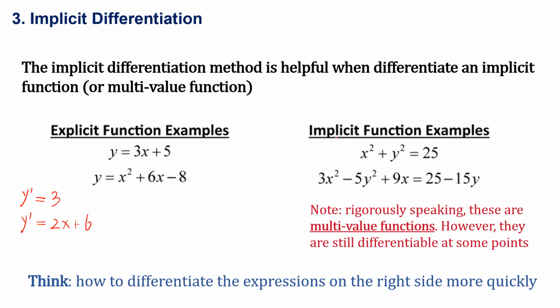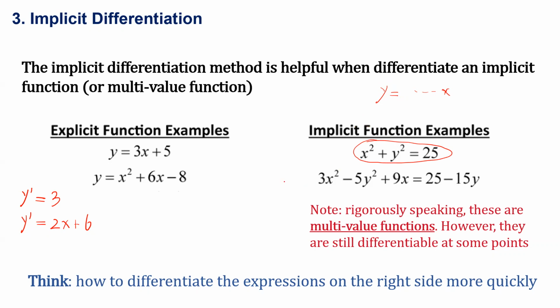Well, in the implicit function examples, the expression of y in terms of x is not explicitly given. For example, if we are given only x squared plus y squared equals 25, it is not given in the form y equals something in x. Therefore, we say the expression of this function is not explicitly given.